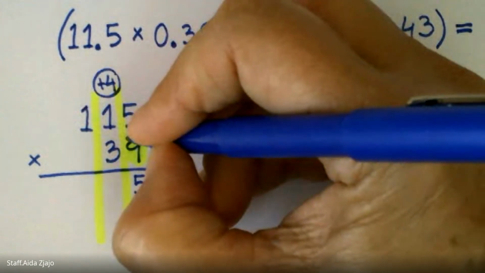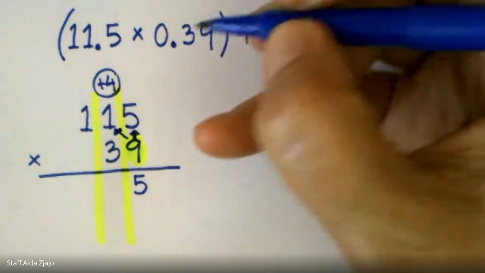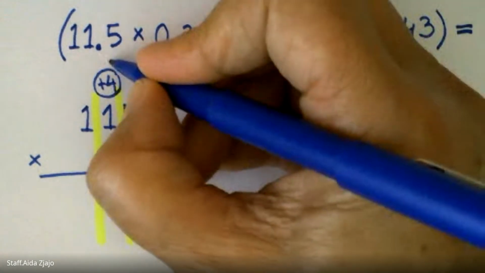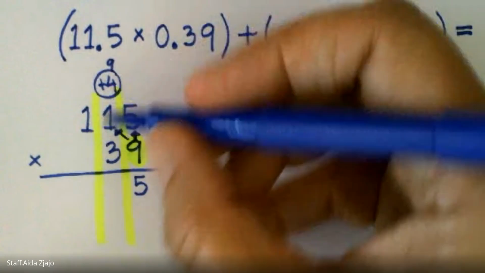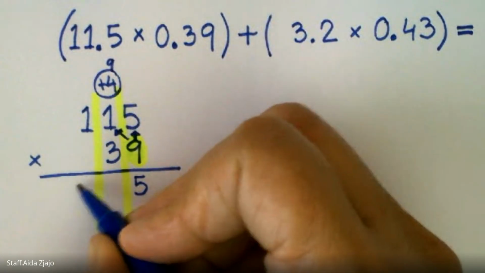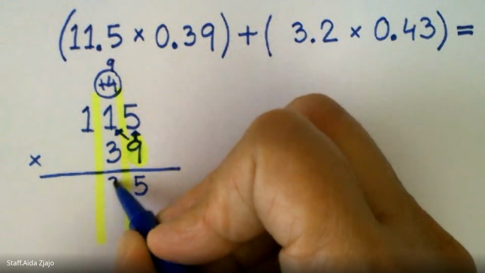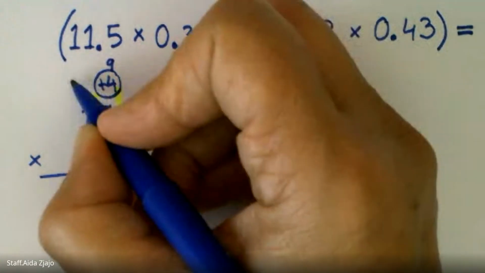Now I'm going to do 9 times 1, which is 9, plus 4 makes 13. 3 stays, 1 goes up.